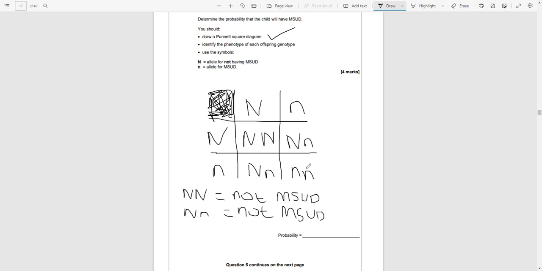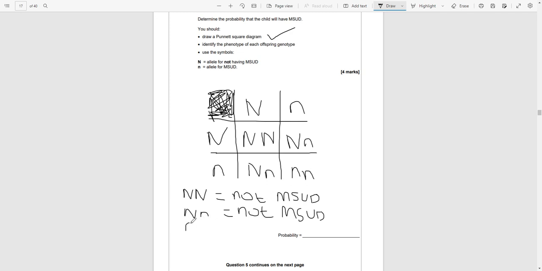And then finally, my last one, two little n's. Now we are told that the allele little n means that the child will have MSUD, but because it's recessive, we need two of them to be present for the disorder to show. And we've got a chance here, haven't we? We've got two little n's.